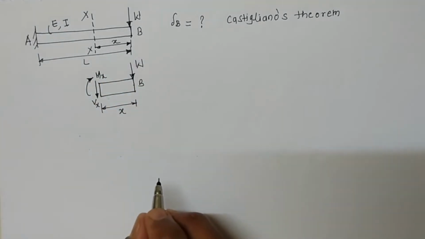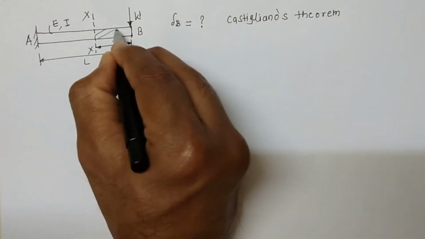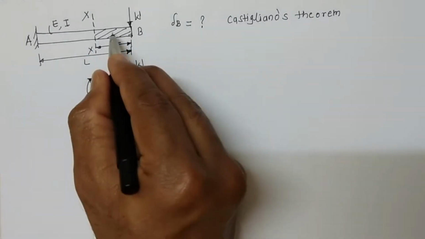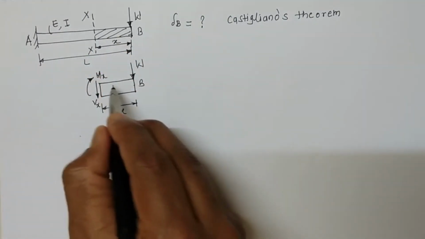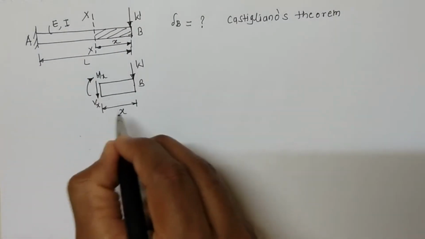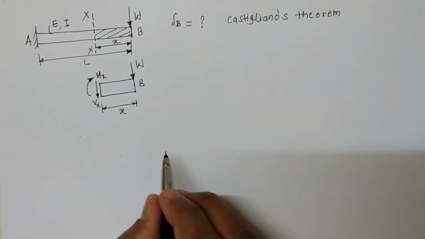So this will be the free body diagram of this portion of the beam. For this shaded portion, I have drawn the free body diagram here. Vx is the shear force and Mx is the bending moment.